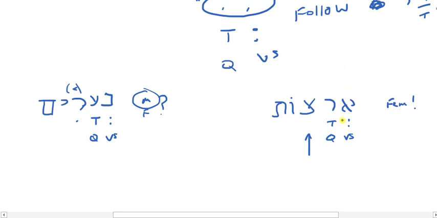I'm going to get the A-class variety, the one with the patach, okay? So it's going to look like that. So that's one modification. Vocal shva is not okay. I got to put a compound shva. So that's what it'll look like. Let me just rewrite that a little bit because it's a little bit messy. Okay? So aratzot. Aratzot is the way to say lands.